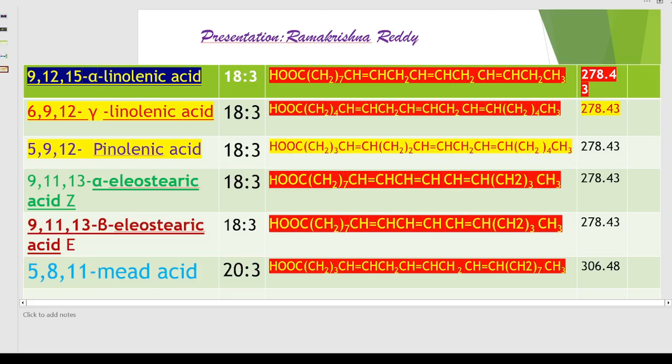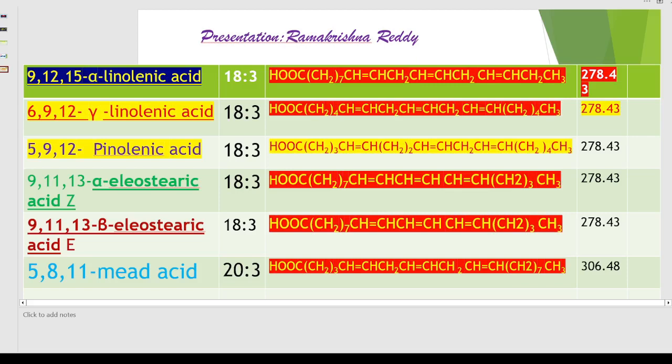This fatty acid is in all cis configuration, which means cis 9, cis 12, and cis 15. The molecular weight of this fatty acid is 278.43.